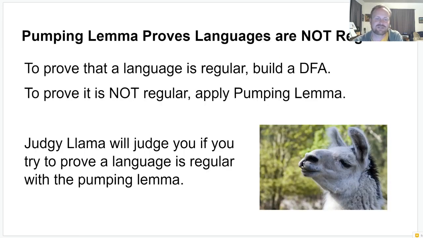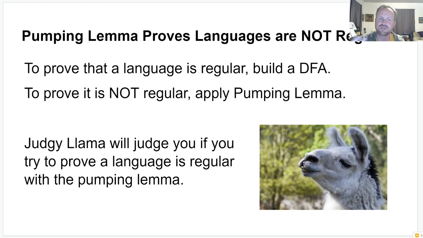Alright, so the pumping lemma accomplishes a very important task in this class. We've spent so much time looking at the class of regular languages. It's a set of languages, and to prove membership into that set, we would take a language and go, well, is it regular or not?